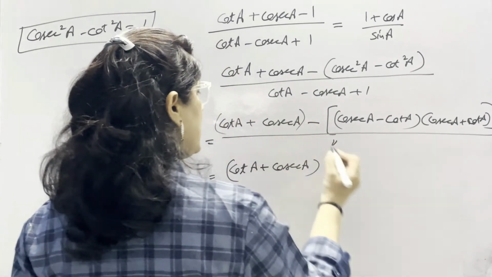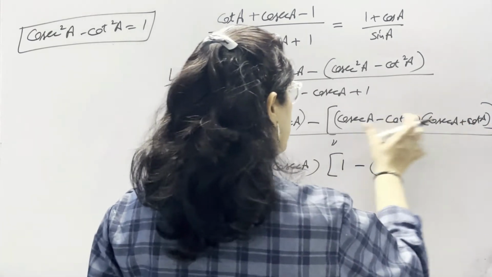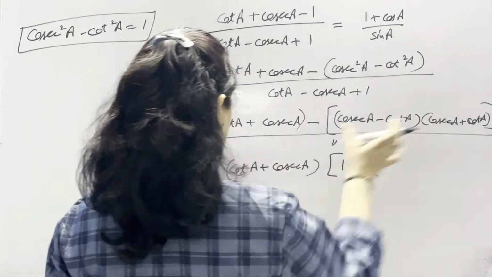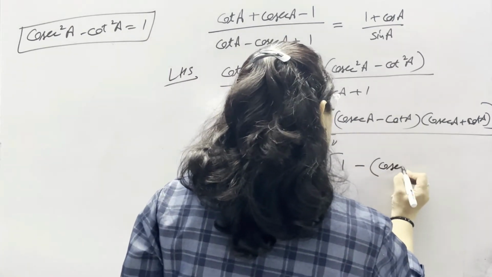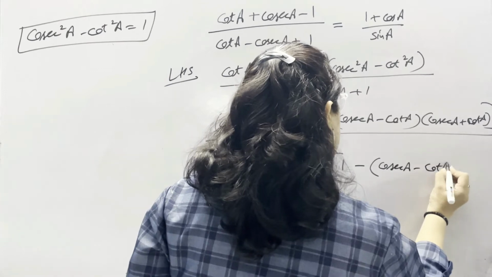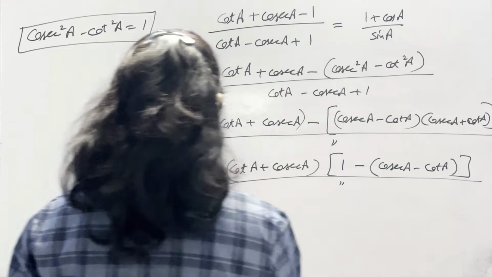Cot a plus cosec a is common. From the first bracket, only 1 will be inside the bracket, minus from the second bracket, because we have two brackets. Cot a plus cosec a is common, and inside the bracket cosec a minus cot a is present, and in the denominator there is no change.